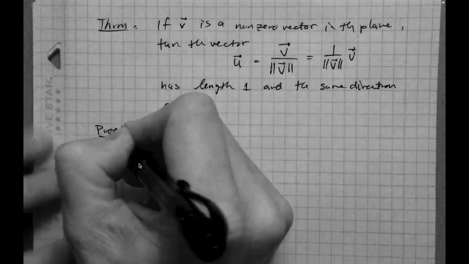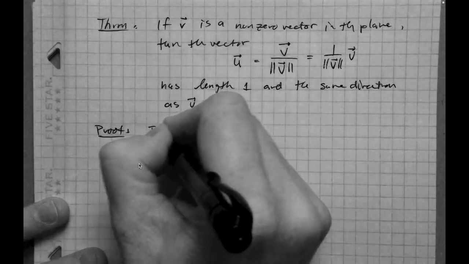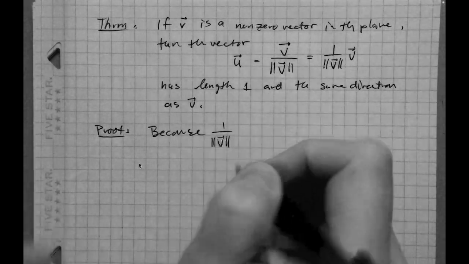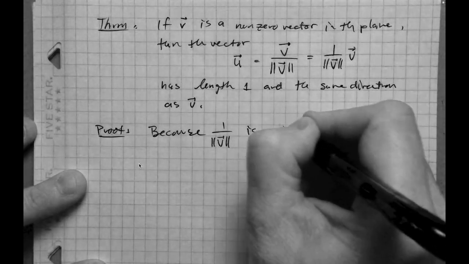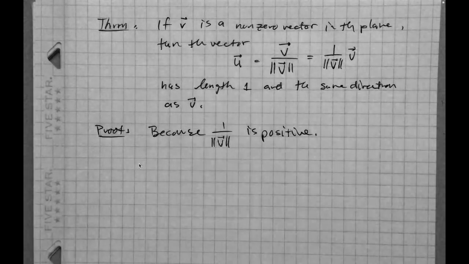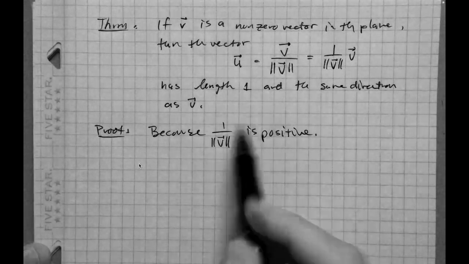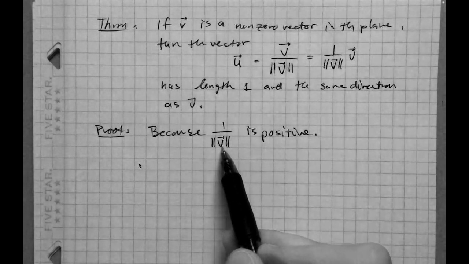Let's prove this one. We would start by noticing that 1 over the norm of v is a positive number. 1 is obviously a positive number. When I take the norm of a vector, it's always going to be a positive number.